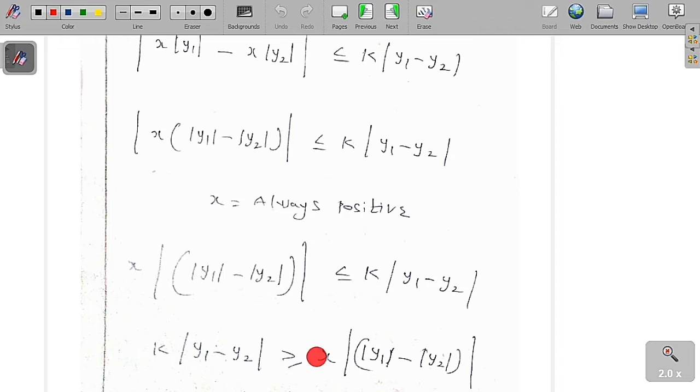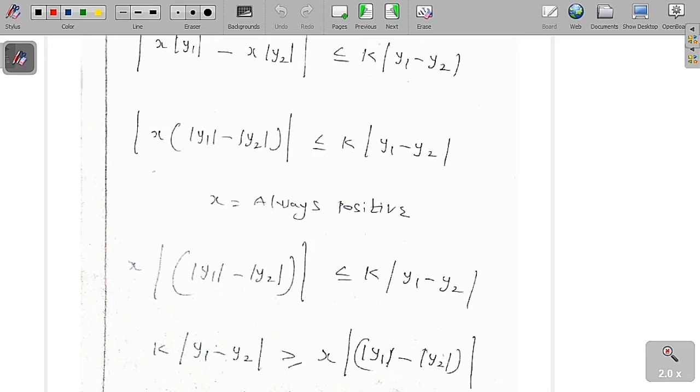I want to make this equal; if I want to make this equal, definitely x should always be the maximum value. Then only both can be equal. Therefore, you can see clearly that mod of y1 minus y2 is always greater than or equal to mod of y1 minus mod of y2 overall mod.